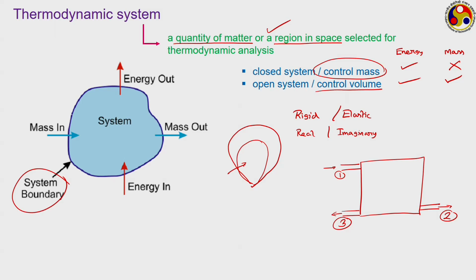To decide whether a system is open or closed, we just have to check whether there is mass interaction between the system and the surroundings. In this case it is an open system, and then what about the volume? Let me restrict the drawing in a different way.